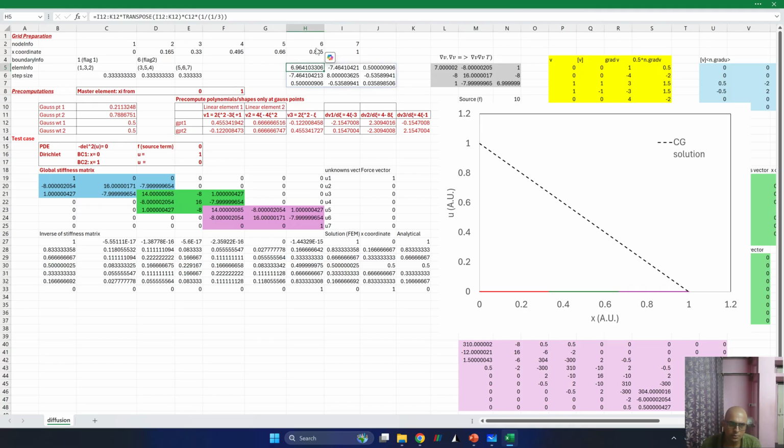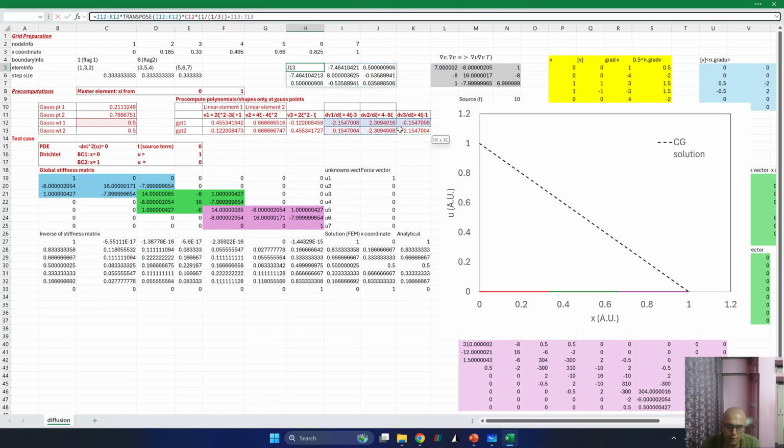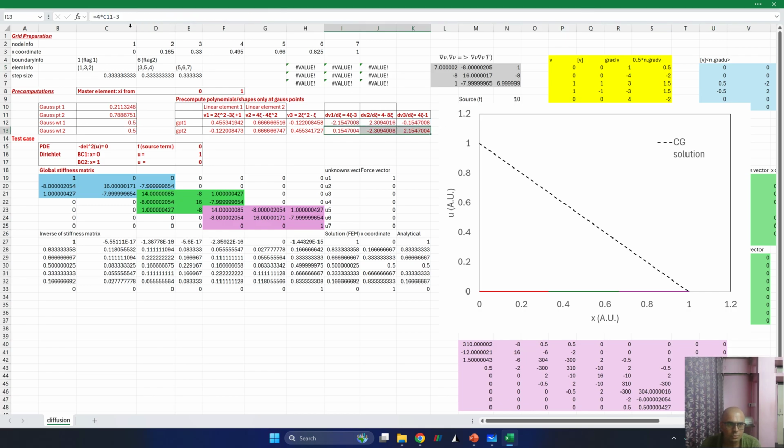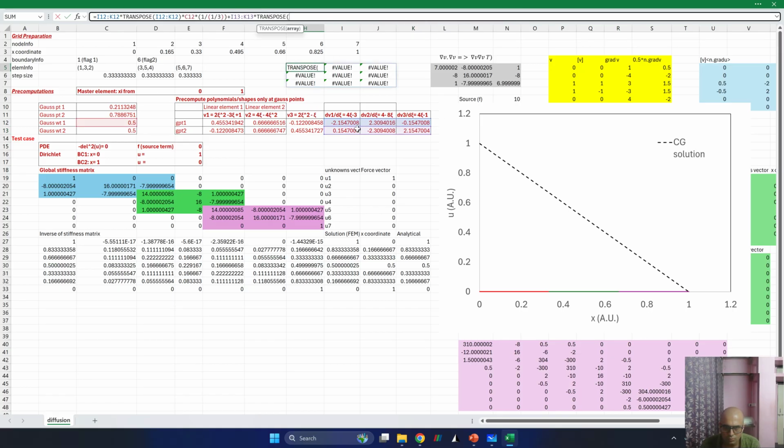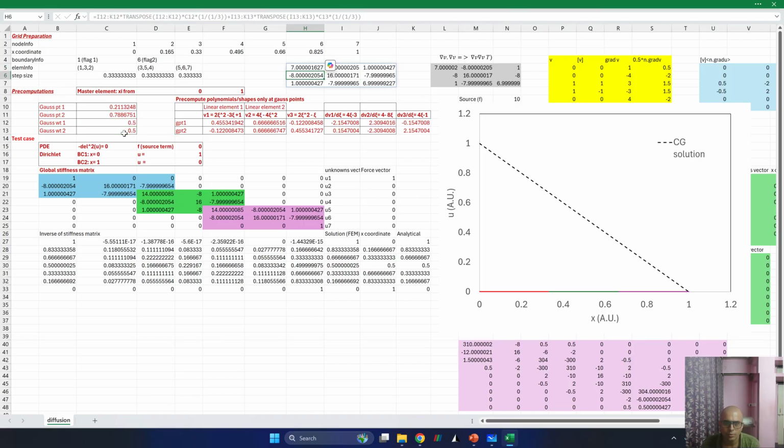So this is the first part, and now let's also add the second computation for the second Gauss point, the transpose of the second Gauss point multiplied by Gauss weight into 1 upon 1 by 3, right?